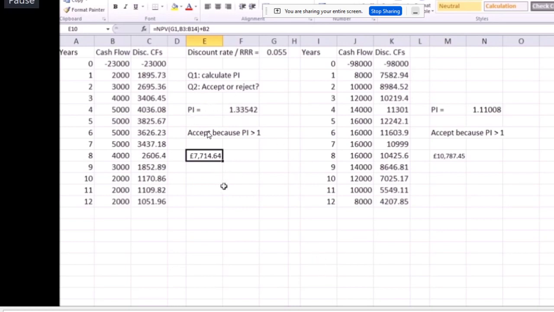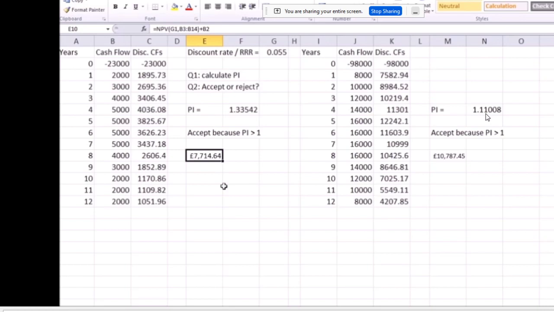The profitability index suggests we should choose the project on the left because the profitability is 33.5%. Looks like 33.5% is bigger than the profitability of 11%.